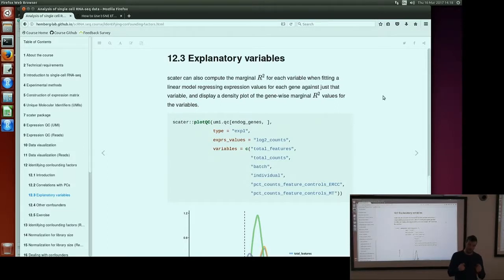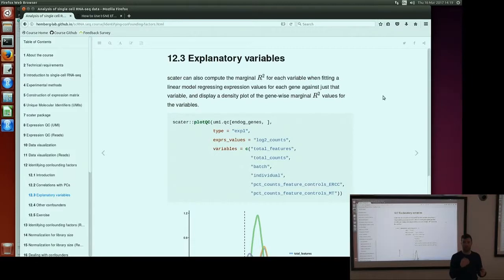And what we do to try and understand what's explaining variability at the level of individual genes is that we can fit a linear model for a variable of interest to a gene's expression level values and compute the marginal R-squared. So from that linear model, how much of the variation in expression for this gene is accounted for by this particular variable of interest.